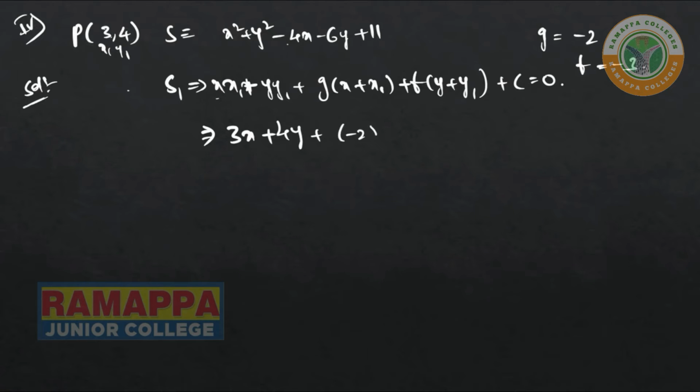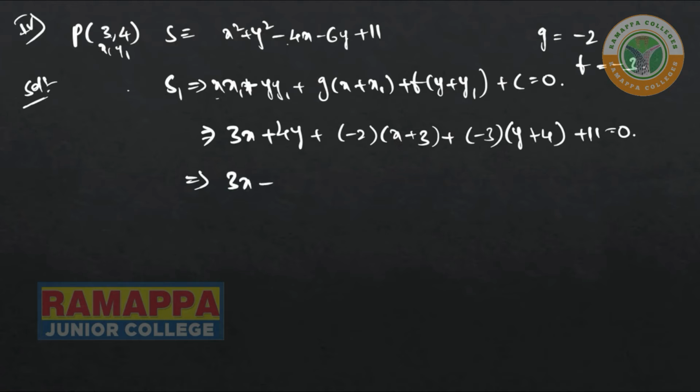So minus 2 into x plus 3, and plus minus 3 into y plus 4, plus 11 is equal to 0 here. From this it will become 3x plus 4y, and minus 2 into x is minus 2x, minus 2 times 3 is minus 6, minus 3 into y is minus 3y, 3 times 4 is 12, minus 12 plus 11 is equal to 0 here.